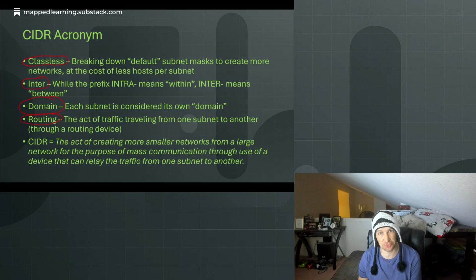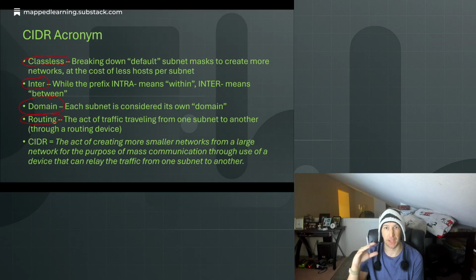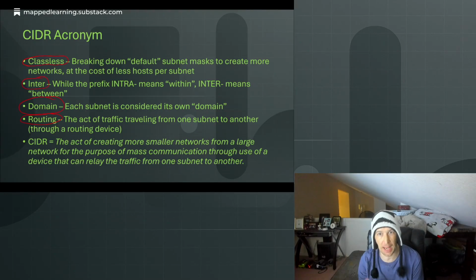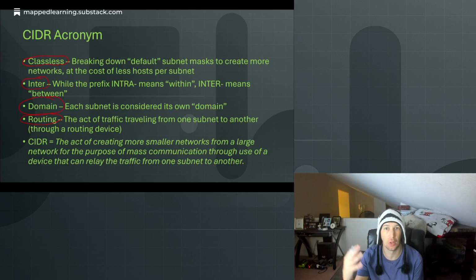That's a very long definition, and I did make it up myself off the top of my head based on what each of these definitions mean, but that's literally what it does. It creates small networks that can talk to each other with a routing device. And like I said, it doesn't have to be a router. It could also be a computer acting as a router, or a virtual network with a virtual router, and so forth.